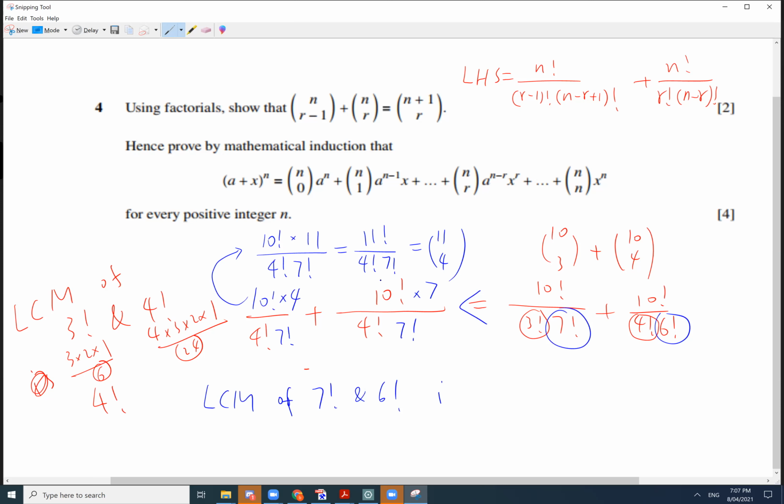We don't calculate the value, we try to keep it. 4 factorial, we just keep it. 4 plus 7 gives you 11.